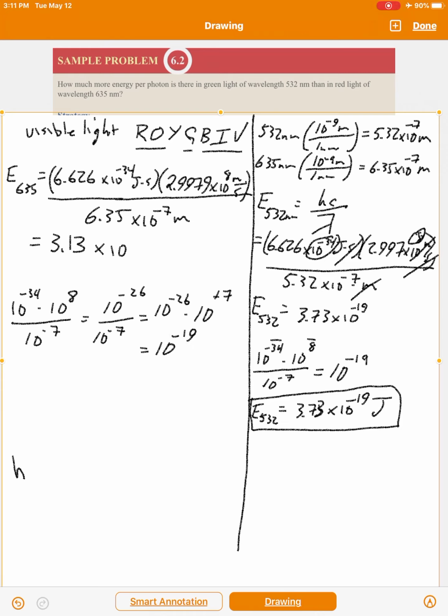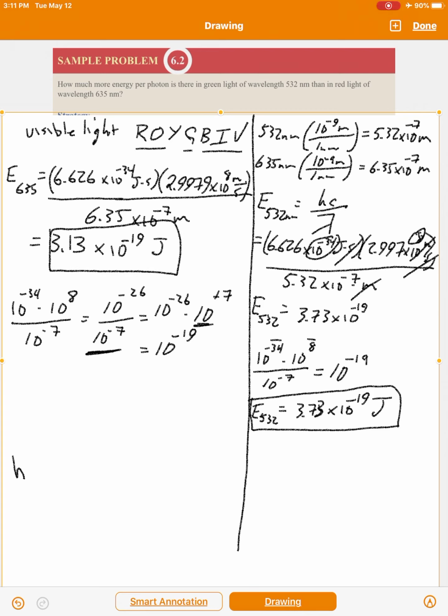Remember, when you're multiplying powers of 10, you add the exponents. Dividing by 10 to the minus 7 is the same as multiplying by 10 to the plus 7. So that's times 10 to the minus 19. Again, the units come out to joules.